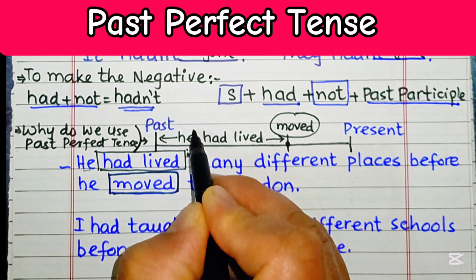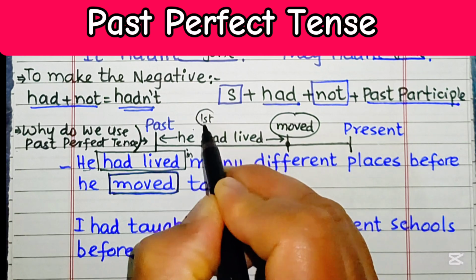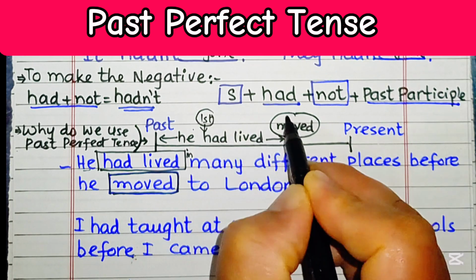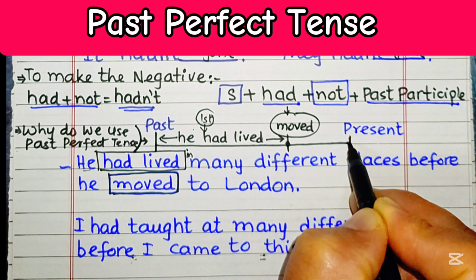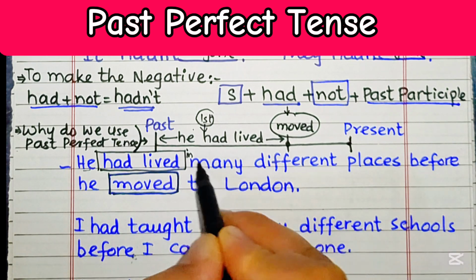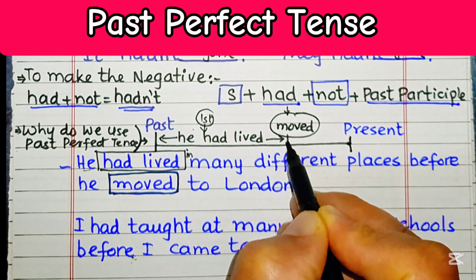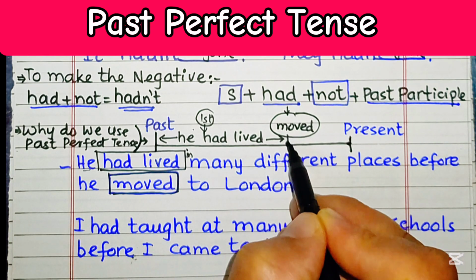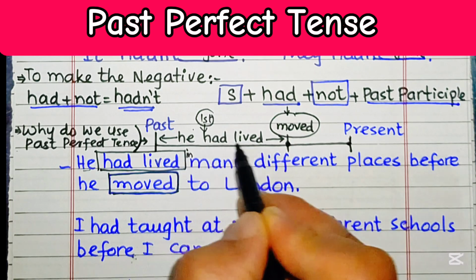So this action takes place first. First this action takes place, then this one, and at the moment we are over here. So he had lived in many different places before he moved to London. Before he moved to London, he had lived. So this has taken place before.